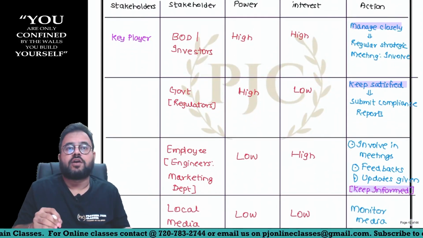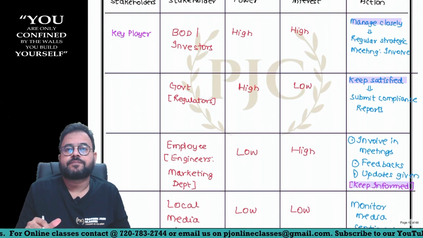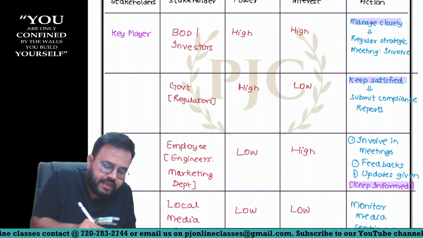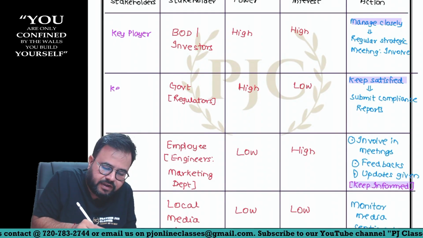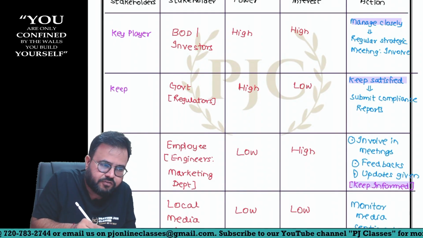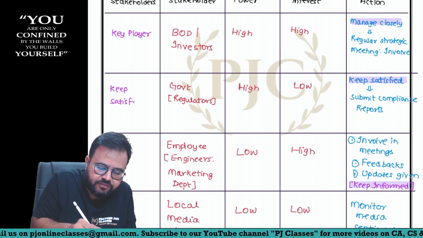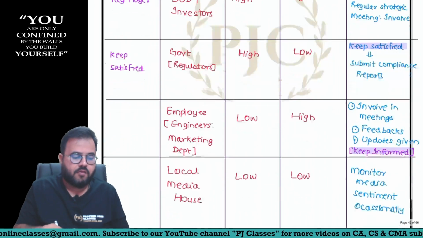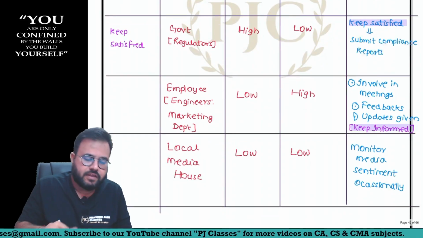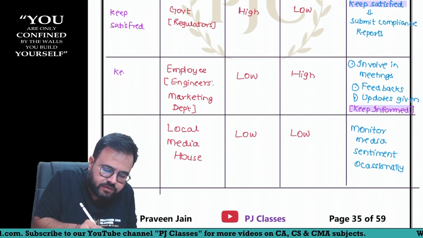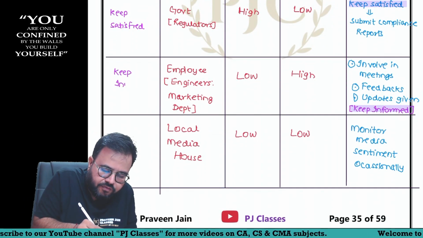What type of stakeholder is the government, sir? Can I say they are keep satisfied? Keep them satisfied. Keep satisfied stakeholder. What type of stakeholder is employee, sir? Keep informed stakeholder. Keep informed.